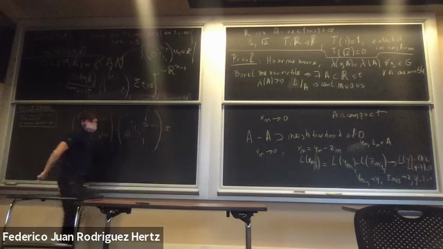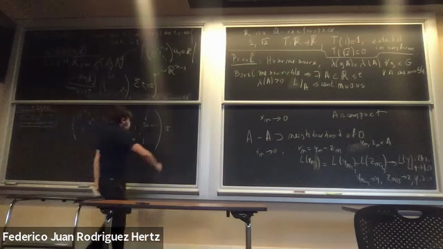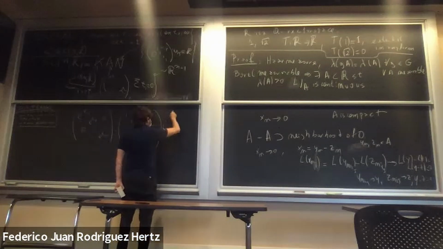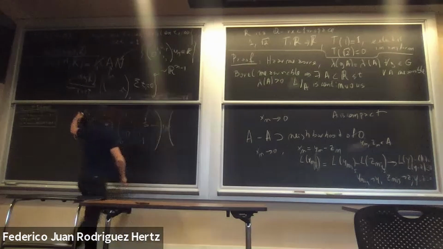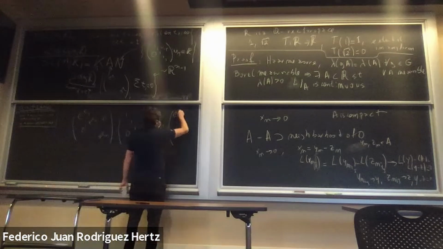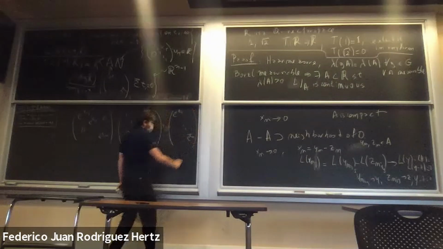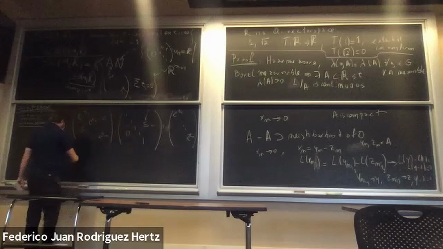Fine. And then I multiply this by the inverse of this matrix. So the inverse of this matrix is very easy, it's equal to minus S. So what do I do?